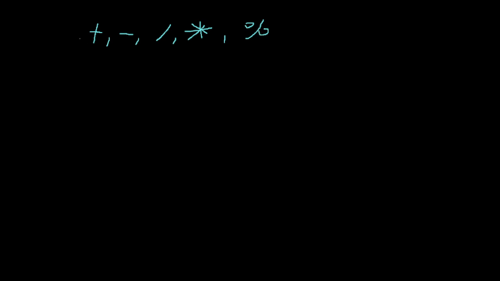Now, these should look familiar to you. At least I hope they look familiar to you. But this one may not look as familiar, and that's okay. All mod does is take the remainder after you divide something.